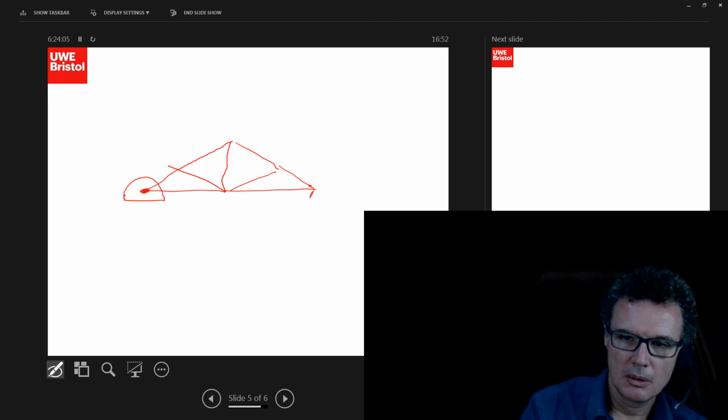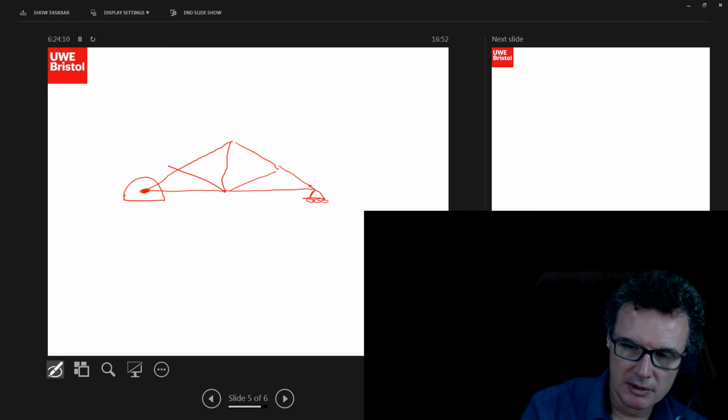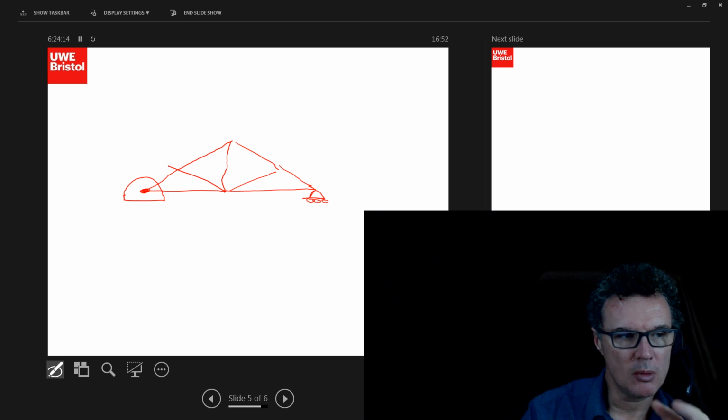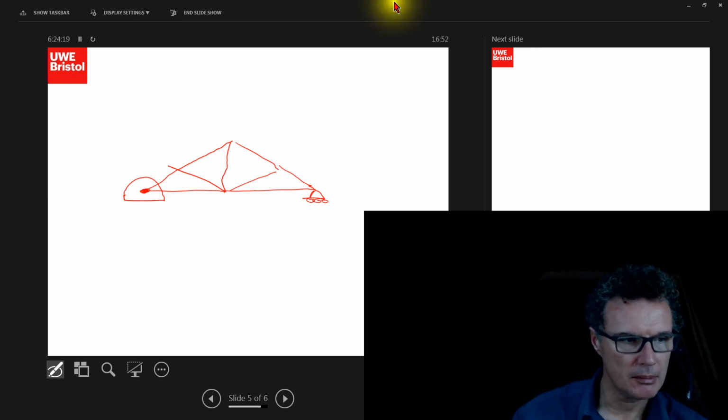So this would be a typical kind of illustration of the framework that I want to model, and maybe a bit big. Shall I make myself smaller?